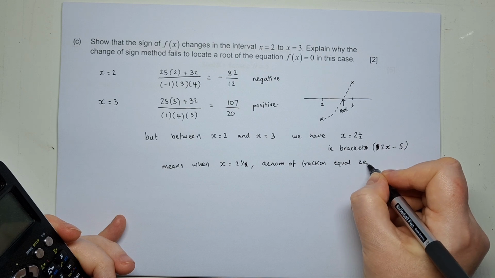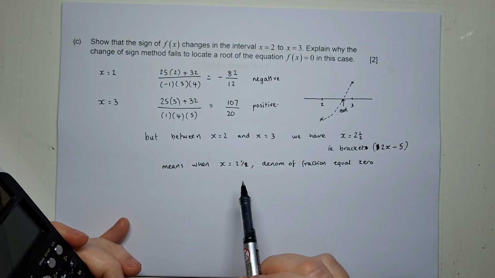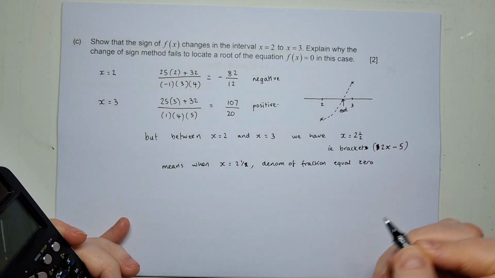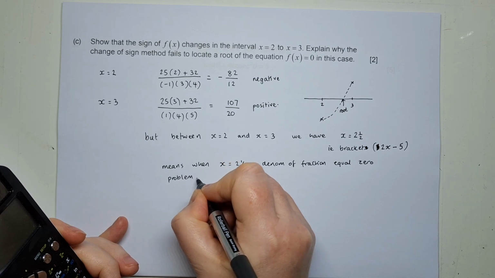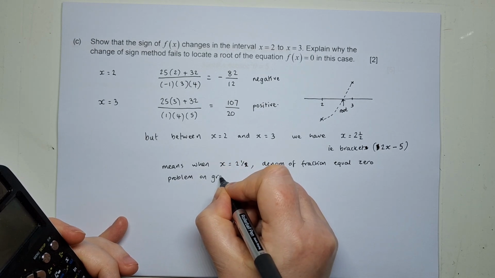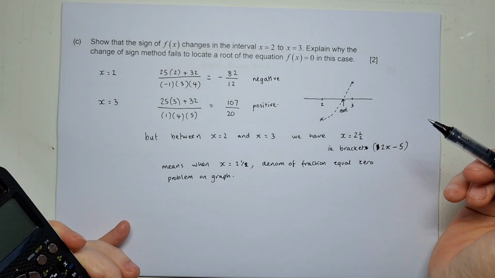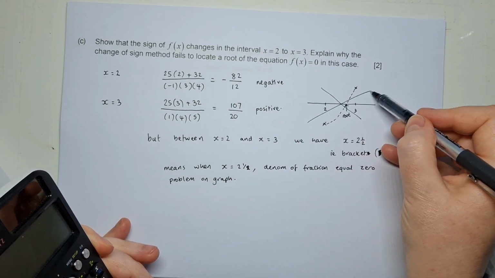Okay, it will equal 0 at 3 different values. 2.5 is one of them, the others are the other two brackets. So that is going to mean that there's a problem on the graph. We aren't going to have a point on the graph when x is 2.5. So our diagram is not going to look like that.